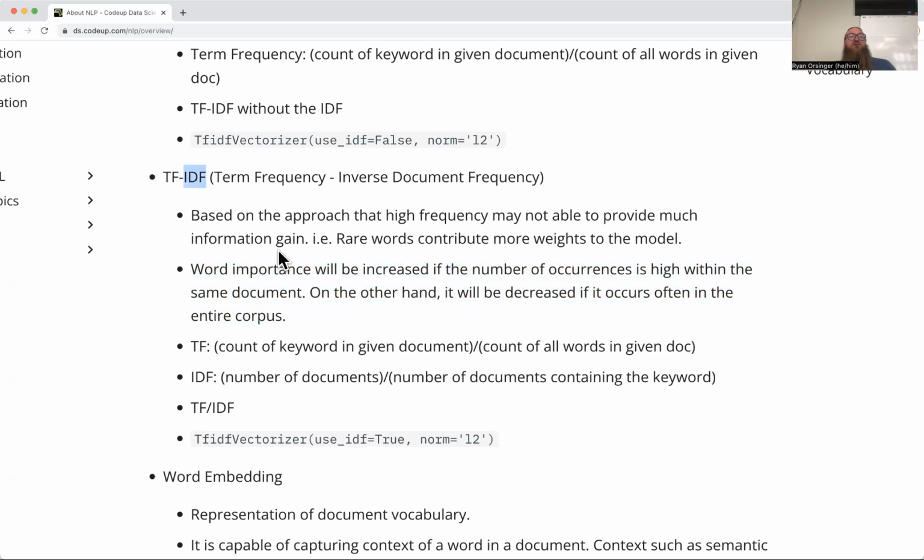The denominator is the inverse of how frequently that word shows up in the entire corpus, not just in that one page or that one blog post or text message. So what this gives us is that word importance increases when that term is very frequent in one blog post, for example, but not frequent across every blog post. That tells you that first blog post is about Python, right?